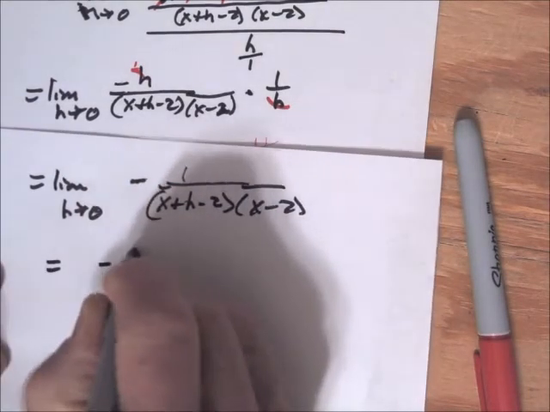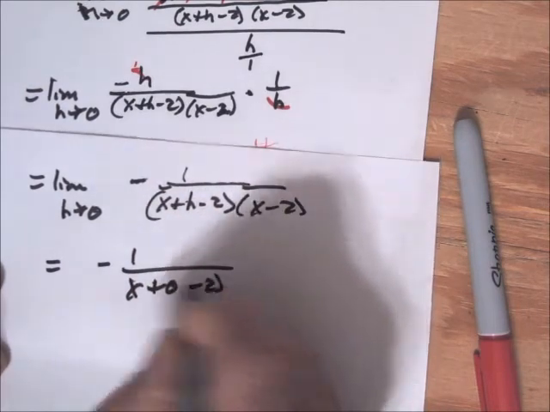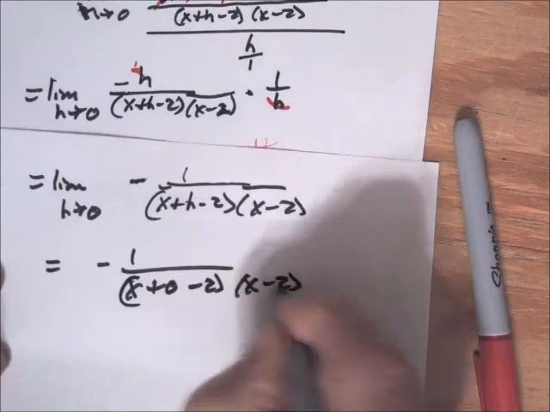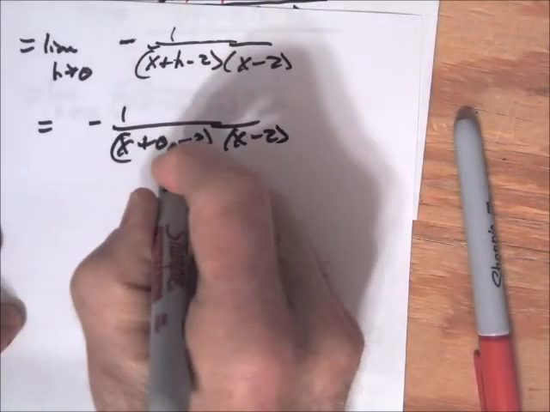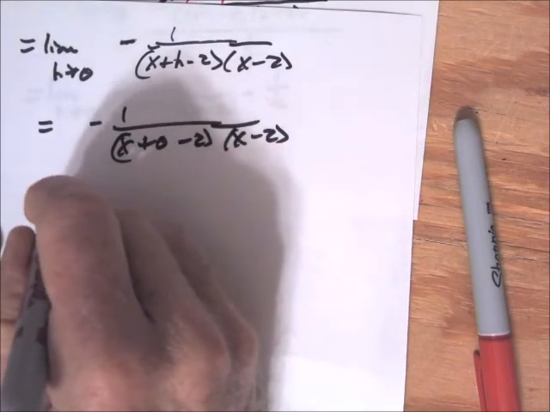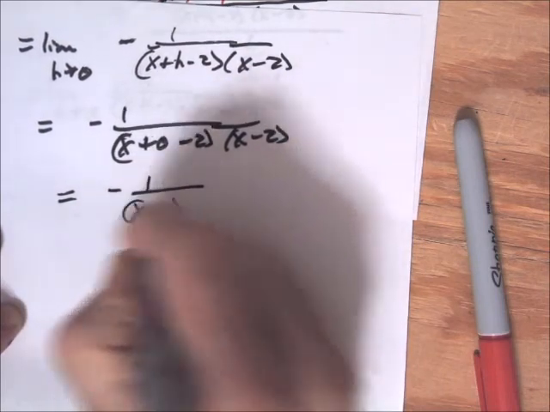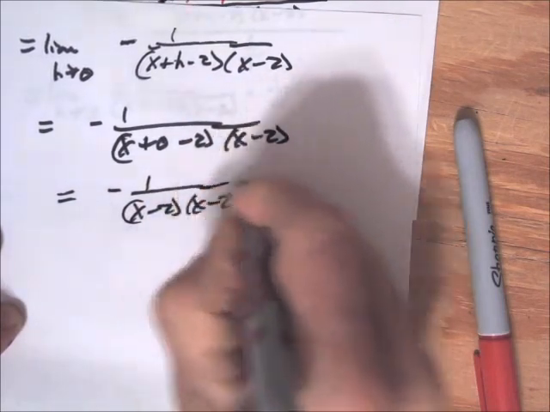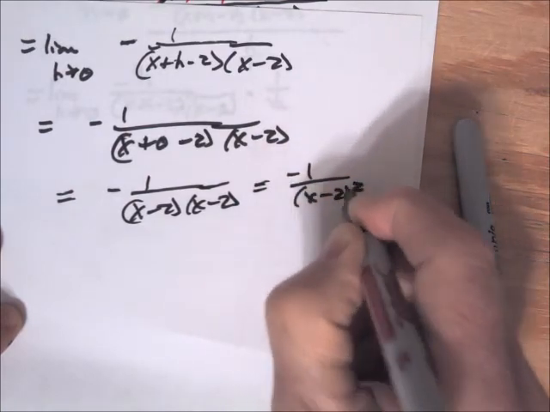We get minus 1 over x plus 0 minus 2 times x minus 2. And x plus 0 is just x, so it's going to be minus 1 over x minus 2 times x minus 2, which we can write as minus 1 over x minus 2 quantity squared.